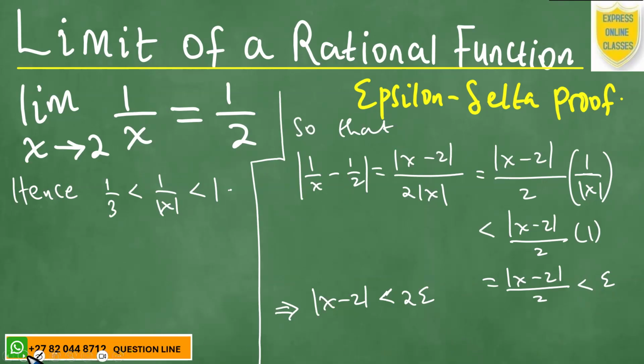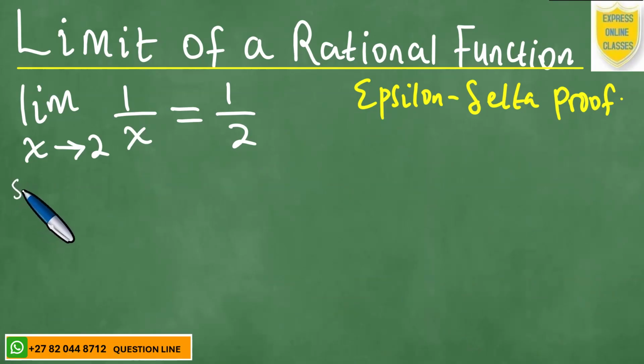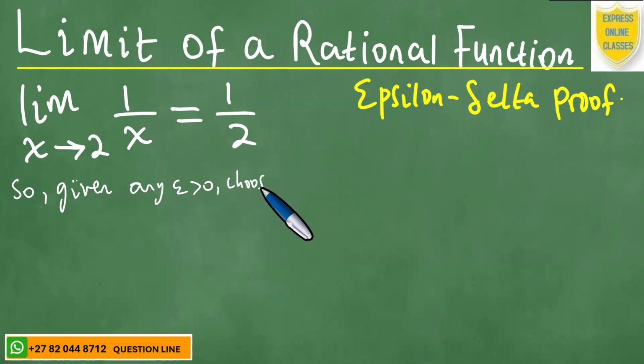We conclude that given any epsilon positive, choose delta as follows.